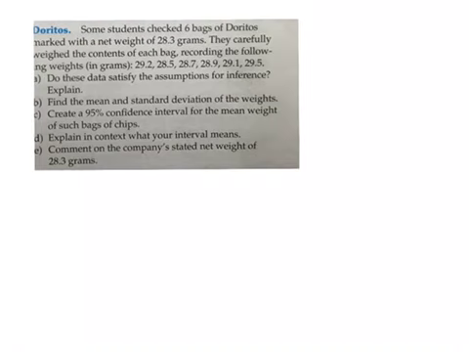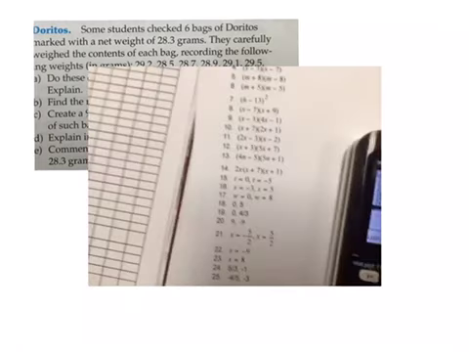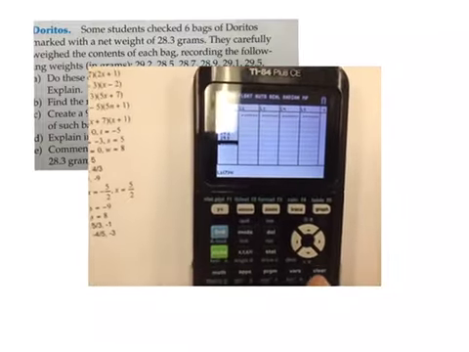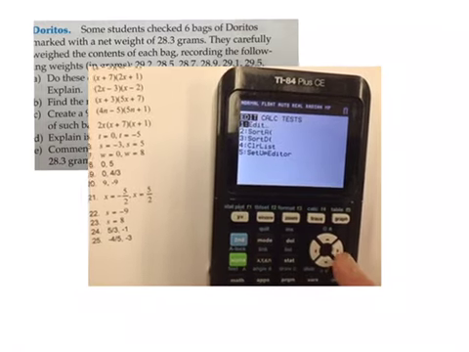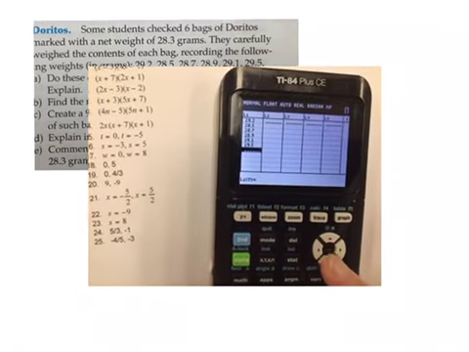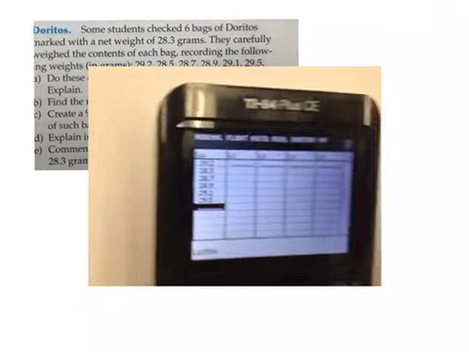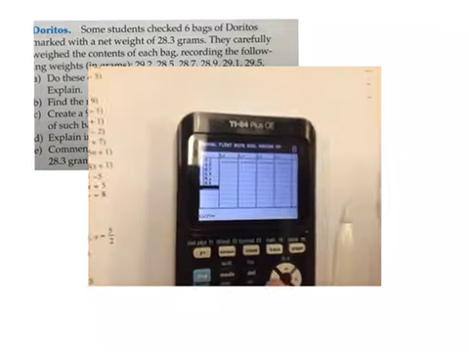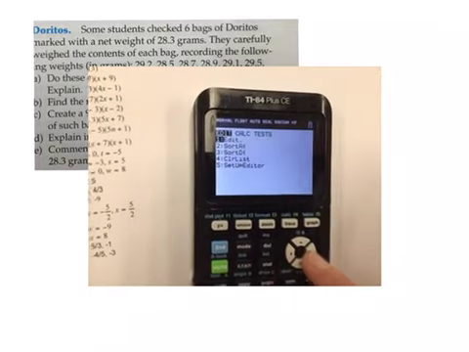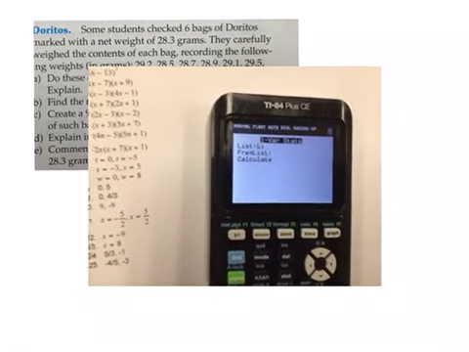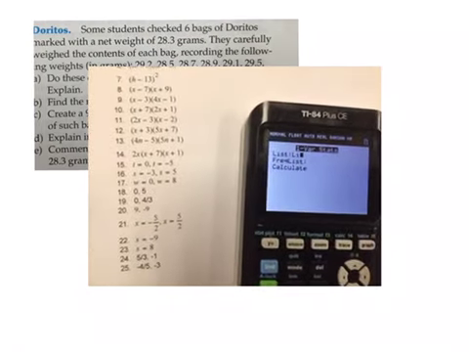So when we are given a list of data, we have to go to our calculator. It's stat, edit, and you're going to put the data into list 1. After you have the data in list 1, you're going to go back and hit stat, calc, var stats, and my list 1, and then calculate.